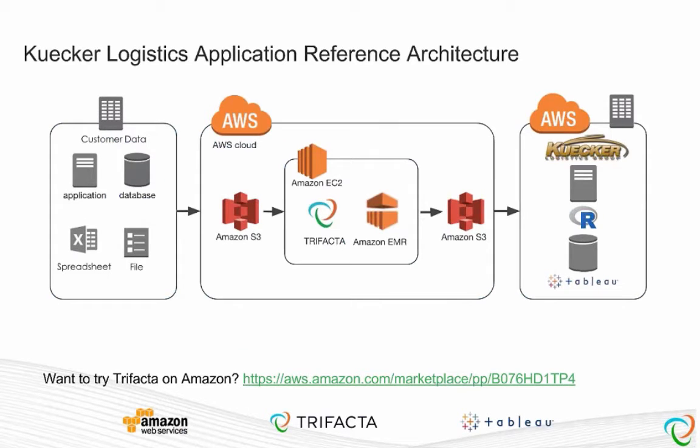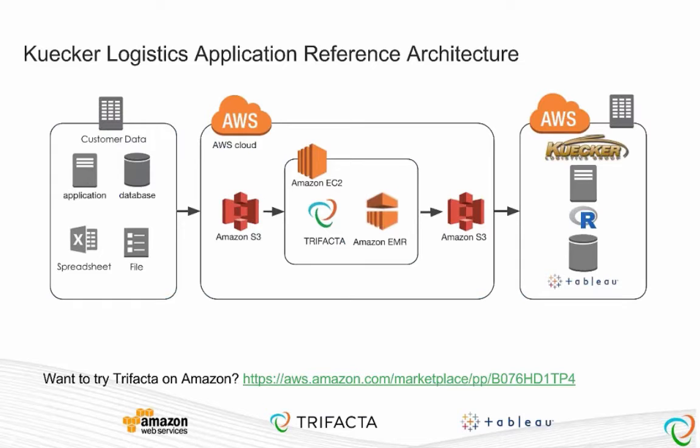Now to talk a little bit about the architecture of Kuecker's Trifacta environment. Specifically, they're using the Trifacta Edge product, which is available on the AWS Marketplace. As Bertrand alluded to in the beginning of the webinar, Trifacta is a member of the Amazon Web Services Partner Network and holds the machine learning Amazon competency.